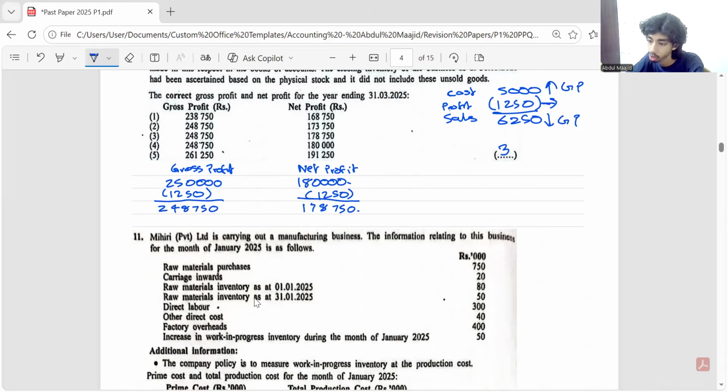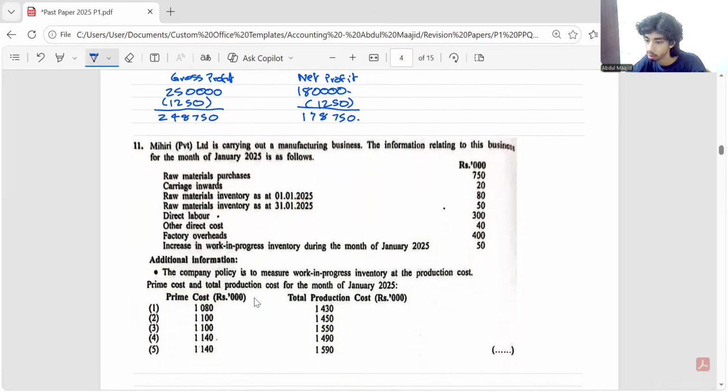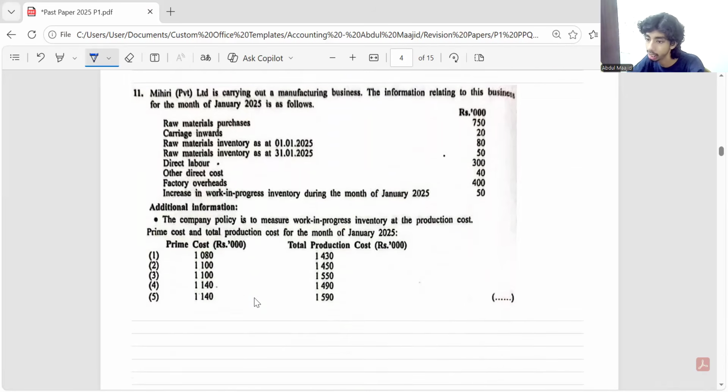Then the 11th one: Mihiri Private Limited is carrying out a manufacturing business. The information relating to this business for the month of January 2025 is as follows. Prime cost and total production cost. Opening raw material is 80. Then purchase of raw material is 750.